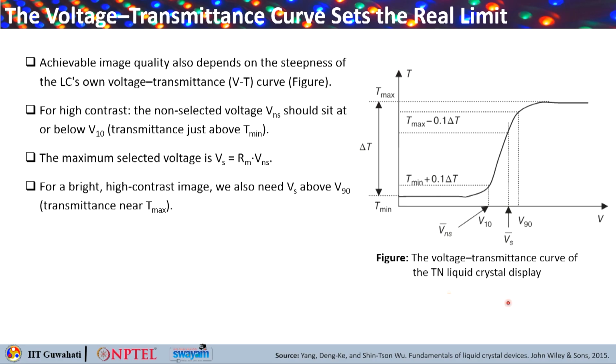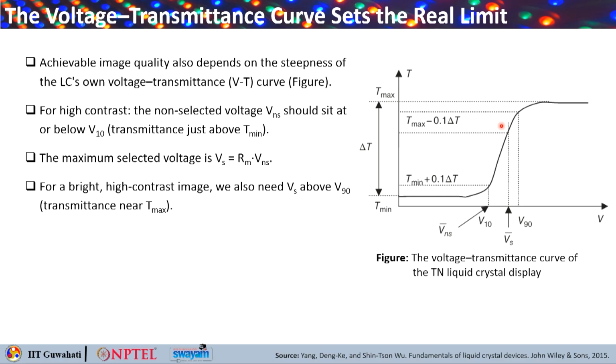Now for a good bright state, we separately need the selected voltage Vs to exceed this V90. Whether it's achievable depends entirely on how steep this liquid crystal's own voltage transmittance curve is.